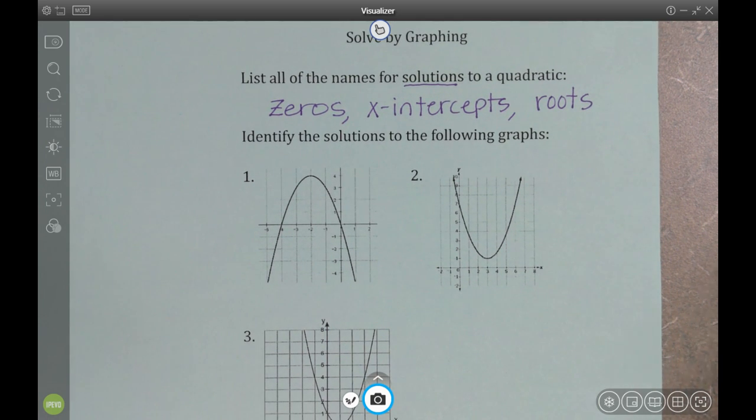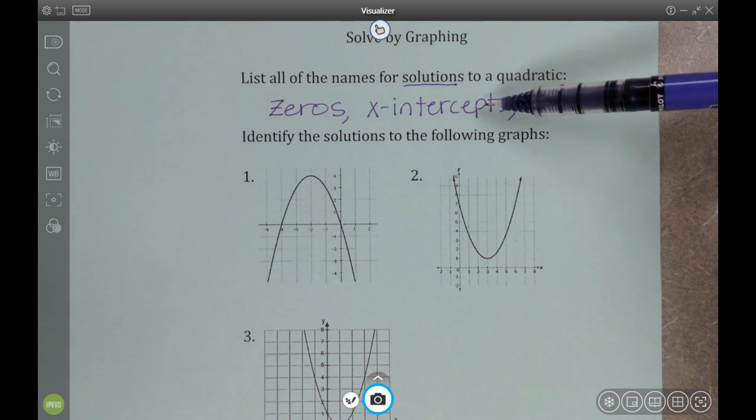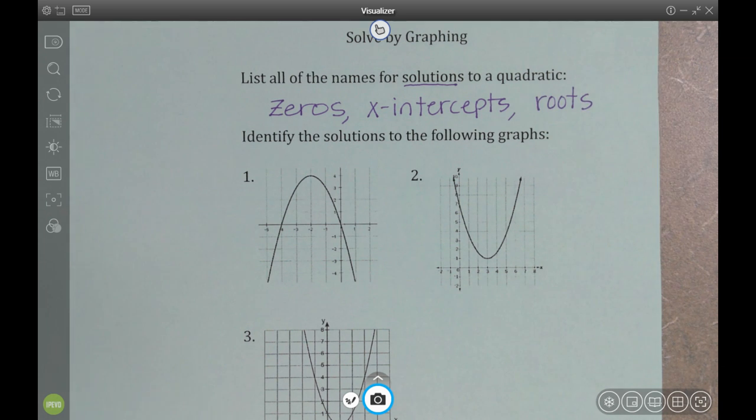So we have zeros, x-intercepts, and roots. So if you have a graph and you're asked to find the solutions, where are you looking? You're looking on the x-axis to find those x-intercepts.